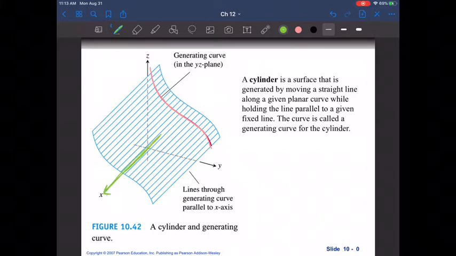And then what we're going to do is take, and you can see all the blue lines, the blue lines are all parallel to the x-axis, and they're all moving along this red line that's our generating curve. So when you do that, you're taking this line and just moving it along in this direction and keeping it parallel to that green line. And we're generating what is called a cylinder.